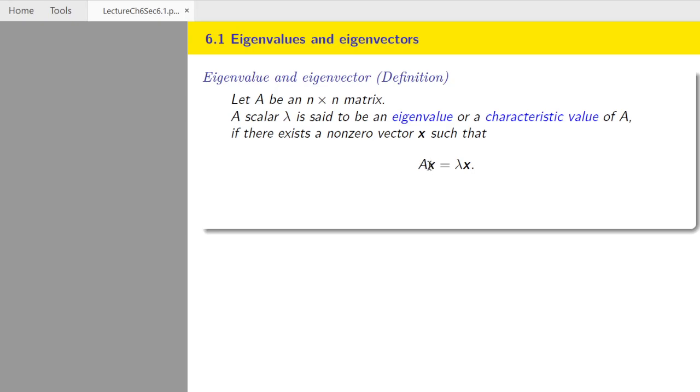If the scalar lambda and the non-zero x satisfy this equation, then we call lambda an eigenvalue or characteristic value of A. And the vector x here is called an eigenvector or characteristic vector associated with the eigenvalue lambda.